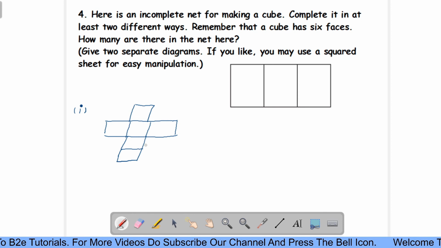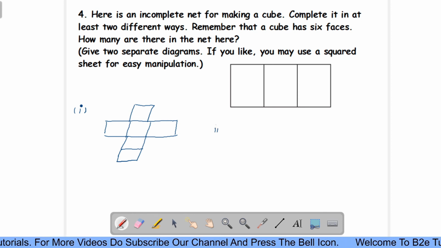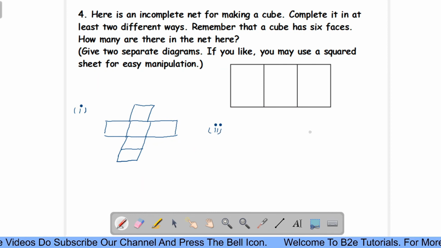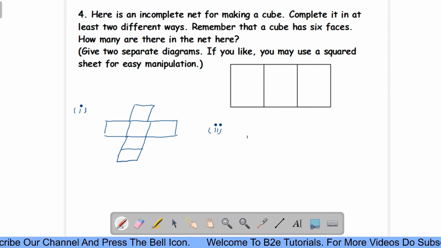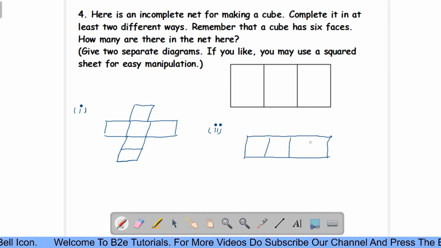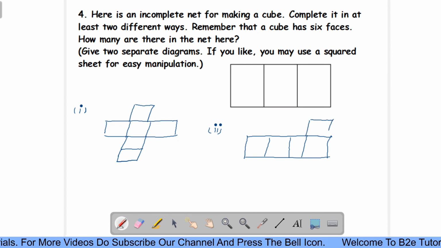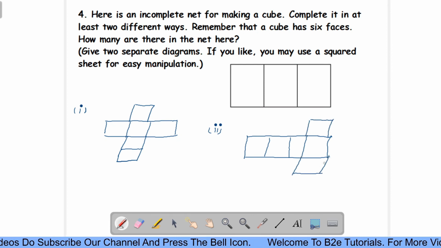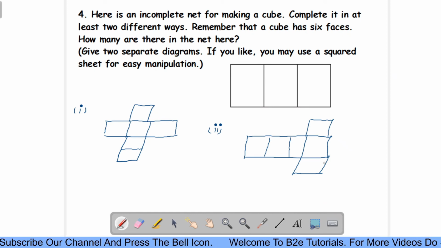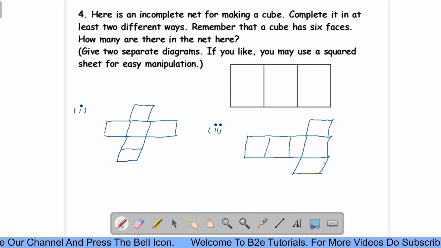This is your net, and second net will be like this. We can draw like this. These are the 2 nets.